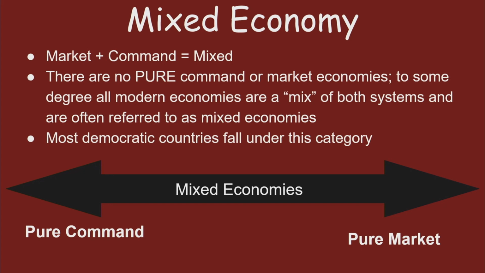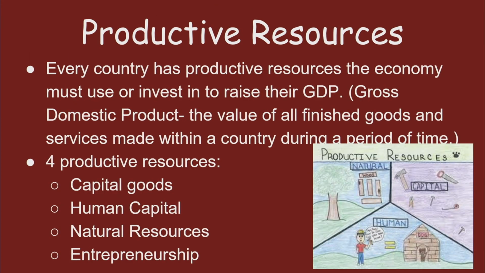So Cuba would be closer to the command side. It wouldn't be all the way command, but it would be closer to the command side, while the United States would be closer to the market side because we have more freedoms than some of the other countries. So we would be more on the market side.